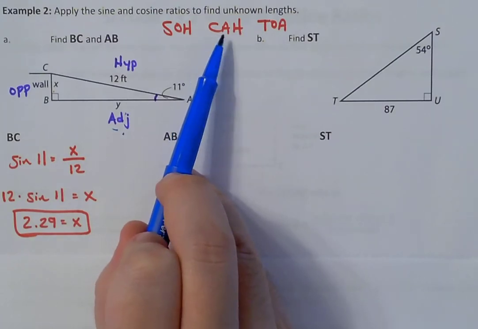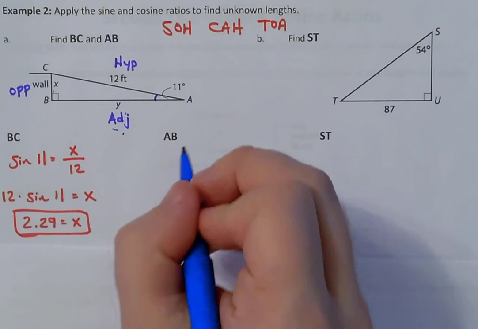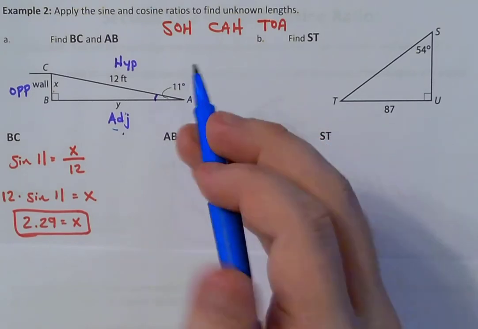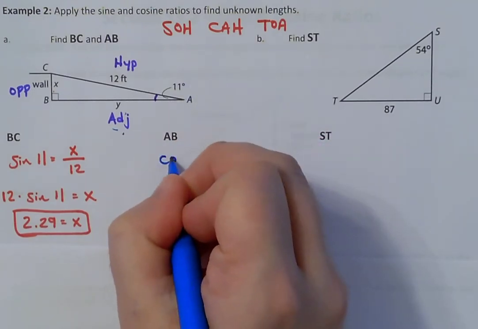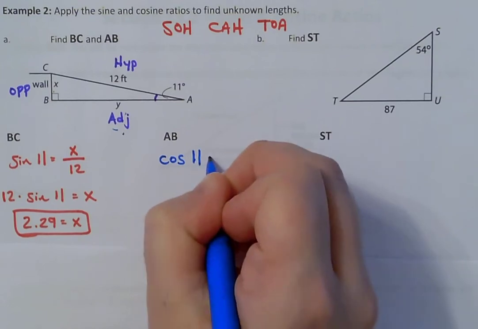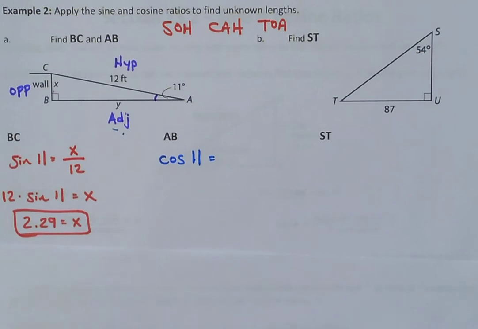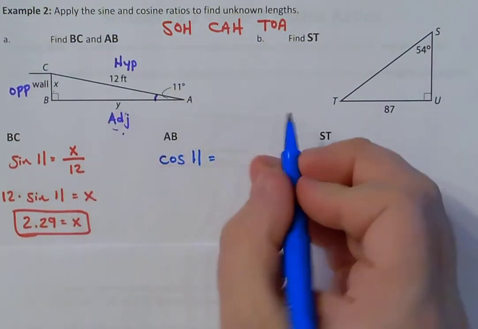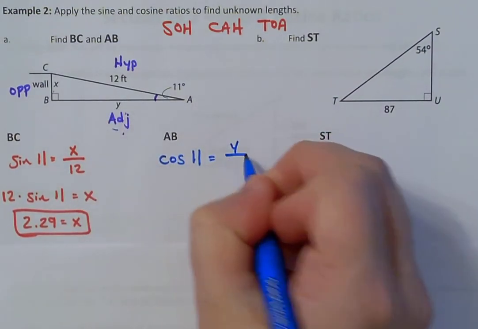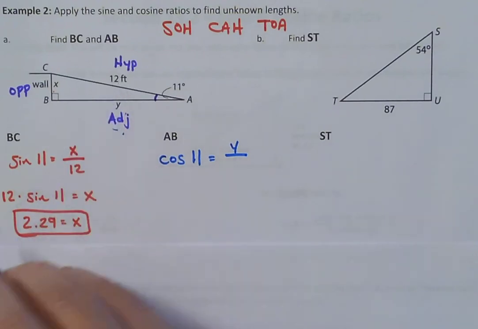Okay, so cosine is adjacent over hypotenuse. So we're going to do cosine 11 is going to be equal to its adjacent, so that's y, over hypotenuse, which is 12.